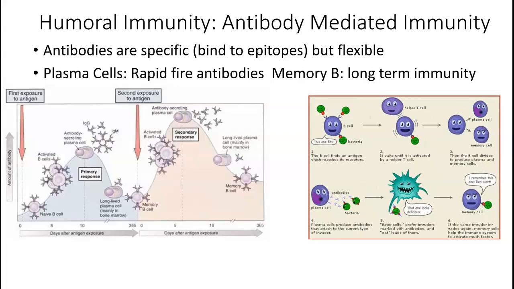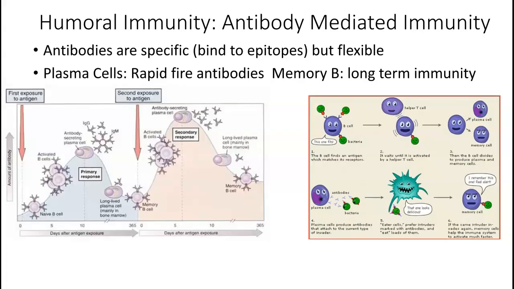So in that first picture, you can see that primary and secondary response. The primary response is the first time that we see the antigen, and it's IgG and IgM that we see mostly. Then in the secondary response, this could be the second time that we see the antigen, or maybe it's the fifth time that we see the antigen.